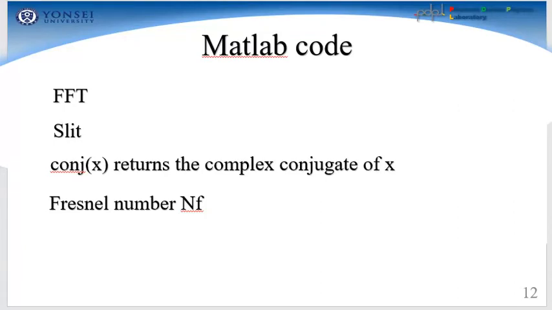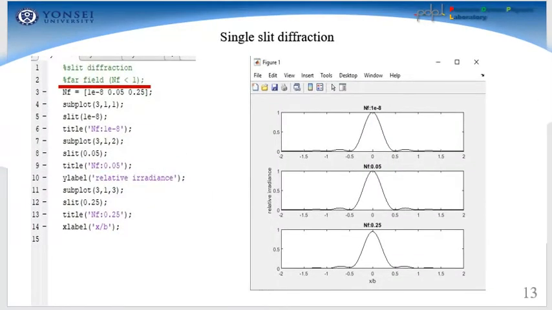MATLAB is a powerful tool for calculating diffraction patterns. By using this code, I can calculate both intensity and the two-dimensional wavefront. These are the functions and symbols that were used in the following MATLAB code. First of all, I brought the single-slit diffraction pattern for the far field with different Fresnel numbers.